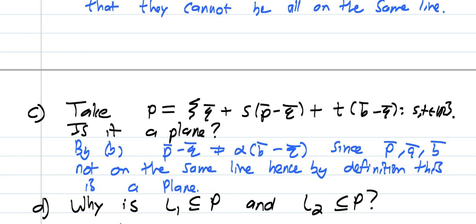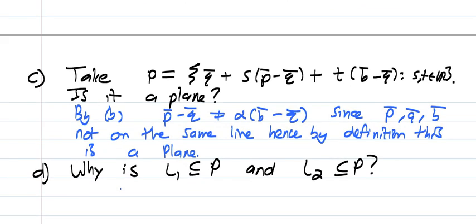Now part D is, why is line 1 contained in P and why is line 2 contained in P? The answer is very simple. Point A and point B are sitting on line 2. Well, let me rephrase.